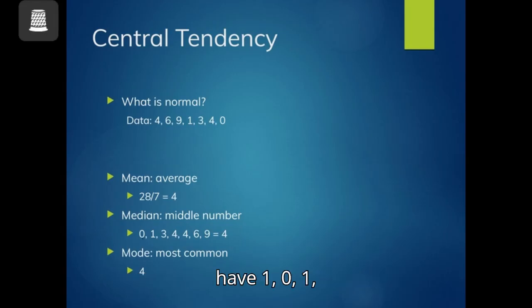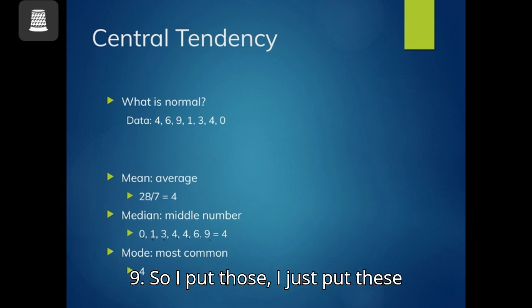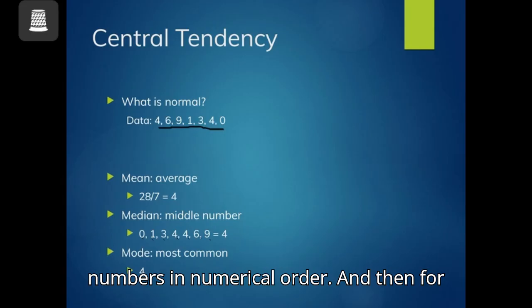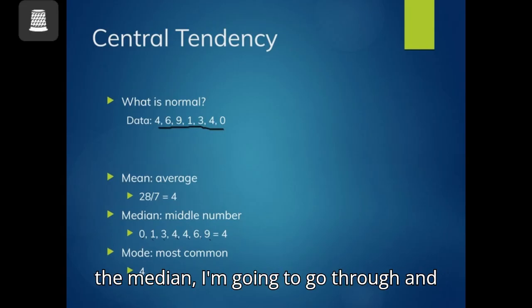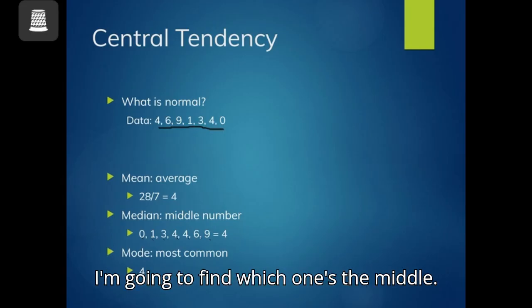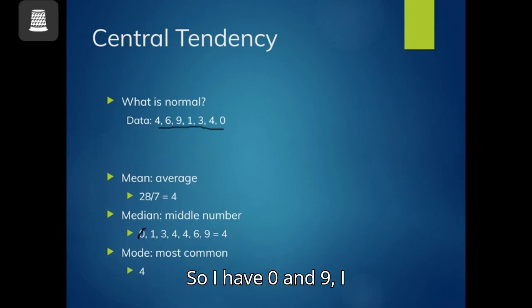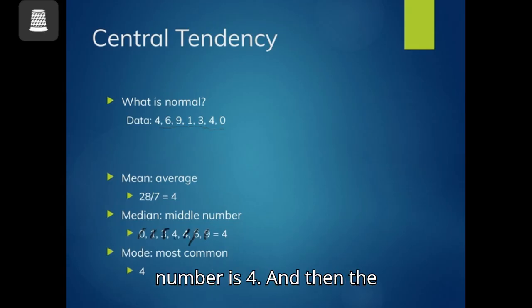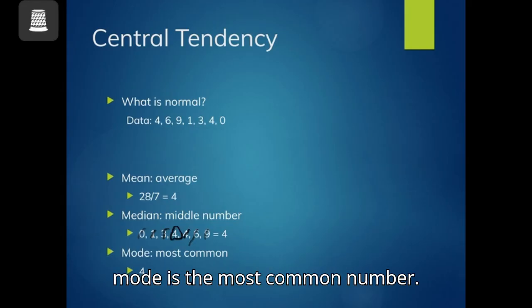So I have 0, 1, 3, 4, 4, 6, and 9. So I just put these numbers in numerical order. And then for the median, I'm going to go through and find which one's the middle. So I have 0 and 9, I have 1 and 6, I have 3 and 4, and my middle number is 4. And then the mode is the most common number.